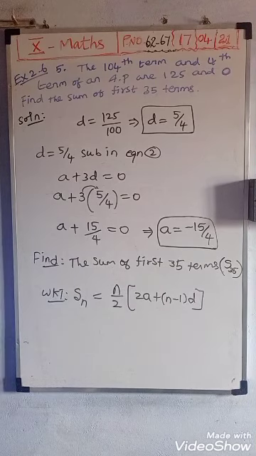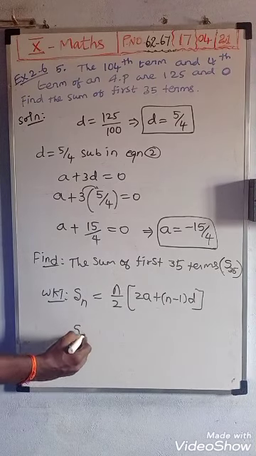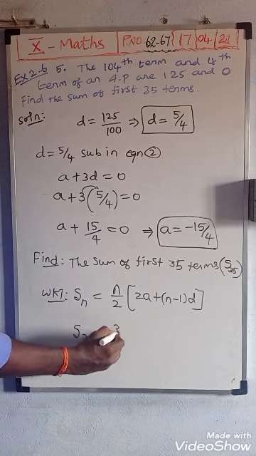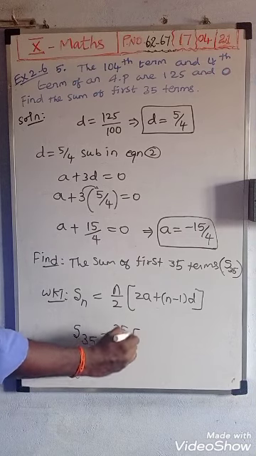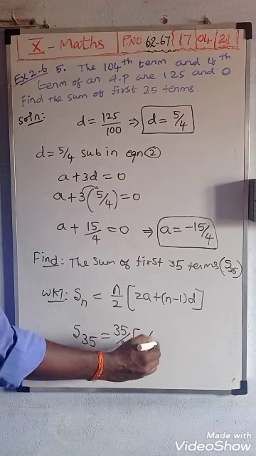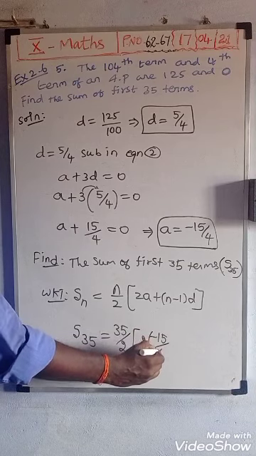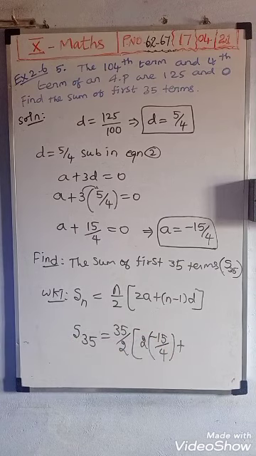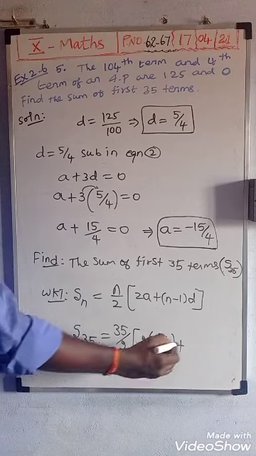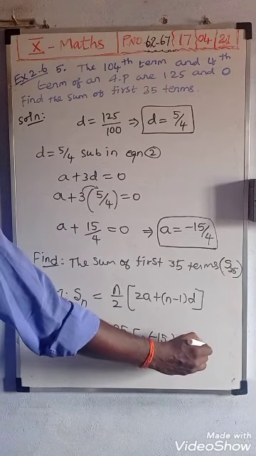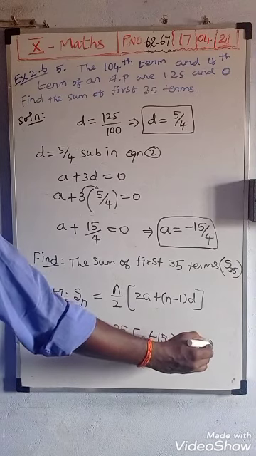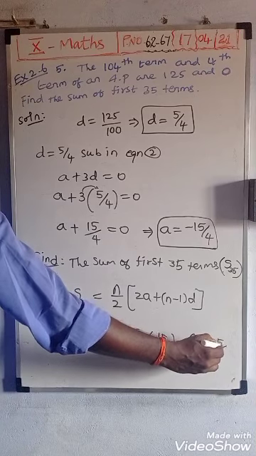Now you should substitute 35 instead of n. So S35 is 35 by 2 of 2 times a, which is minus 15 by 4, plus n value is 35, so (35 minus 1) into d, which is 5 by 4.